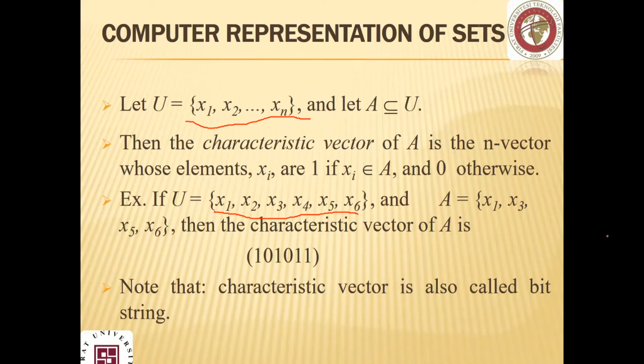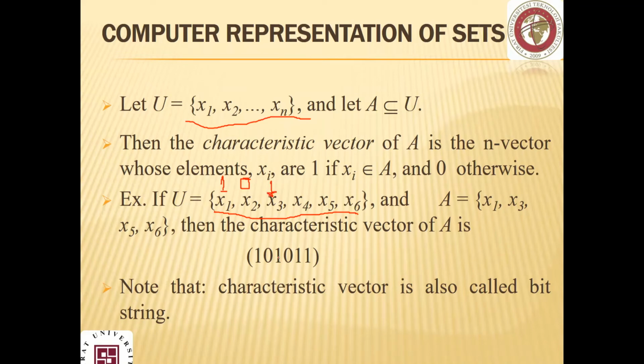Now look, the first element of the universal set is x1. It's available in A, so you represent it by 1. Good. Next, x2 is not available in A. In the universal set there is x2, of course, but for A there is no x2, so you place 0. Then x3 is available, 1.